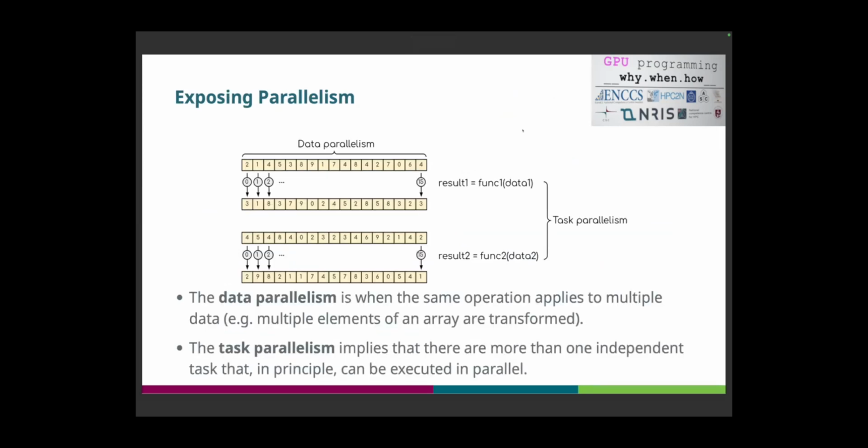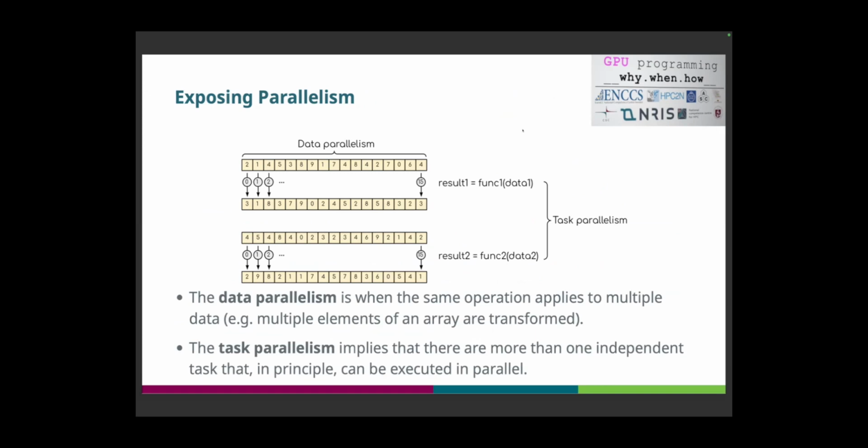And when we have a problem, we split it in parts which are independent of each other. They can be solved independently up to some point when we have to do some communication. But we have two types of exposing parallelism.